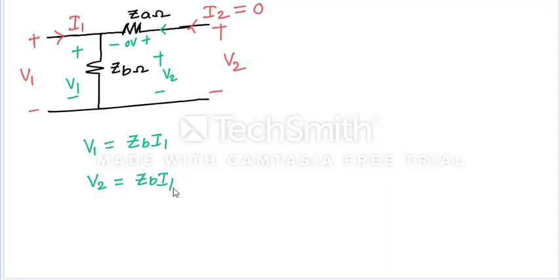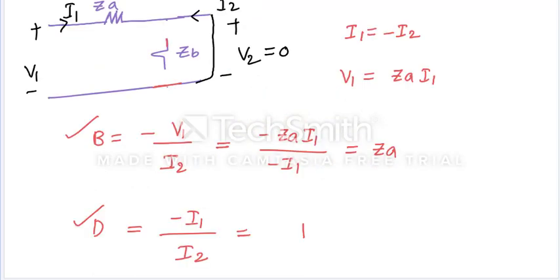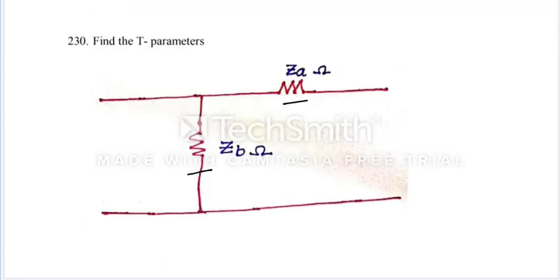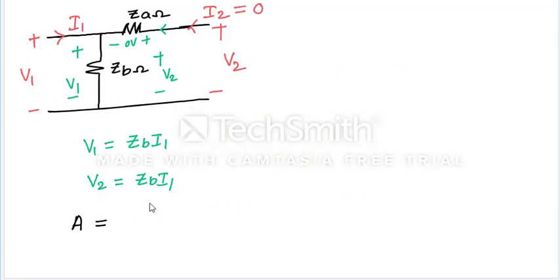From this I can say A means V1 by V2. So take the ratio between these two, and we'll get A as 1.